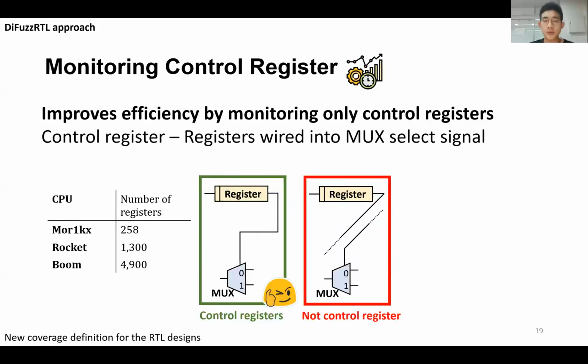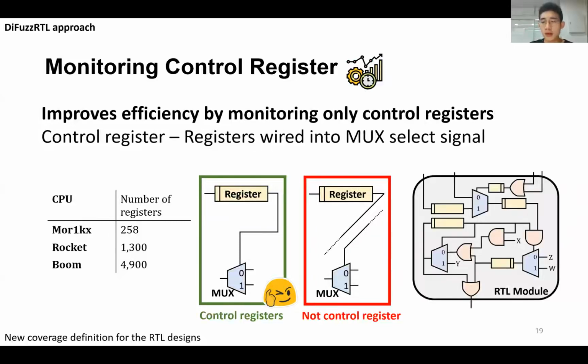Here we focus on the MUXes because they change the control flow of the circuit design, like the branches in software. Whenever a MUX select signal is toggled, the circuit design is activated in a different way. Then we implemented a static analyzer which identifies all the control registers. Given a circuit like this, our static analyzer first identifies all the MUX select signals.